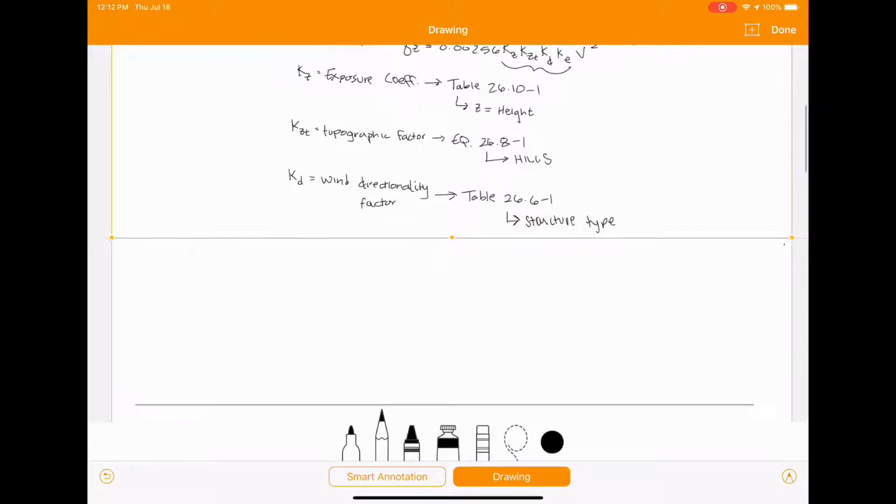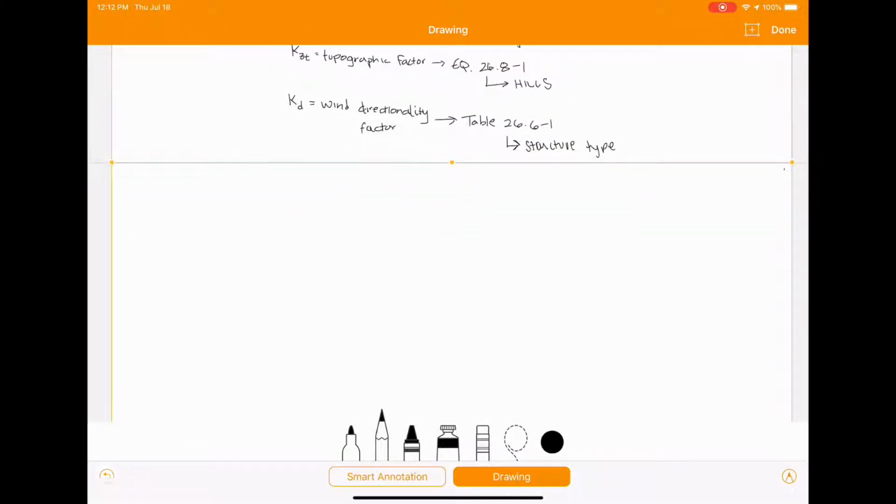Then finally, we have our Ke value, which is the ground elevation factor, and that comes from table 26.9-1.